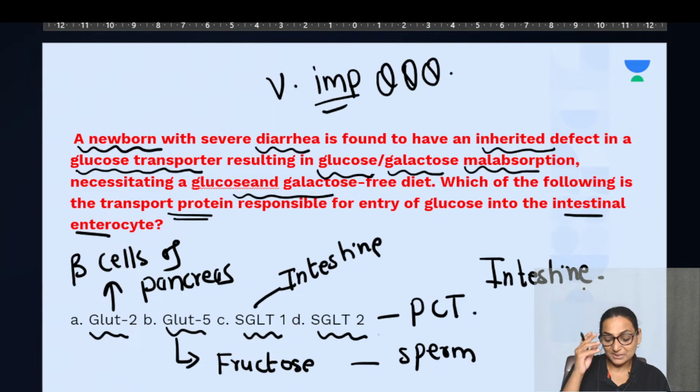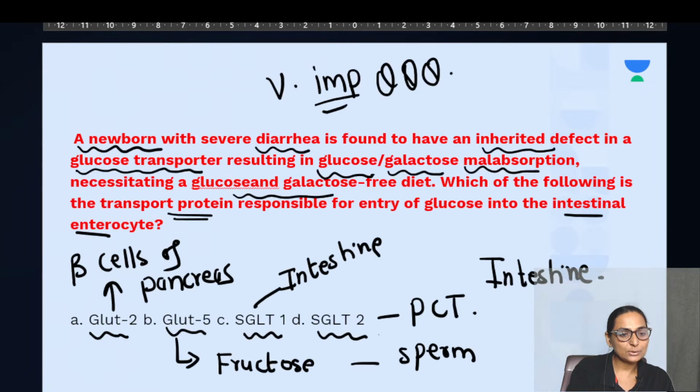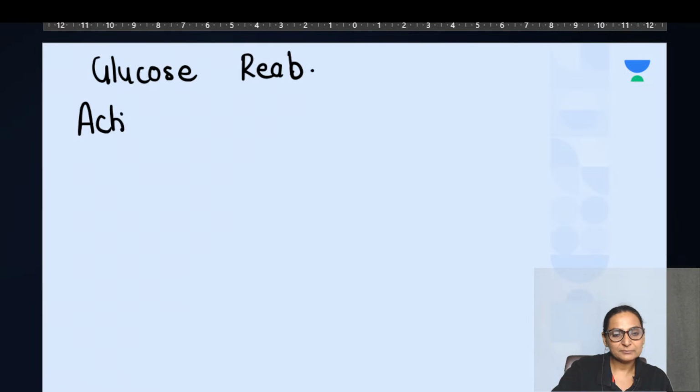So this topic becomes very, very important. Now we'll elaborate this topic. Okay, we'll have an elaboration of this topic because this topic is very important. Now, glucose reabsorption is active as well as passive.